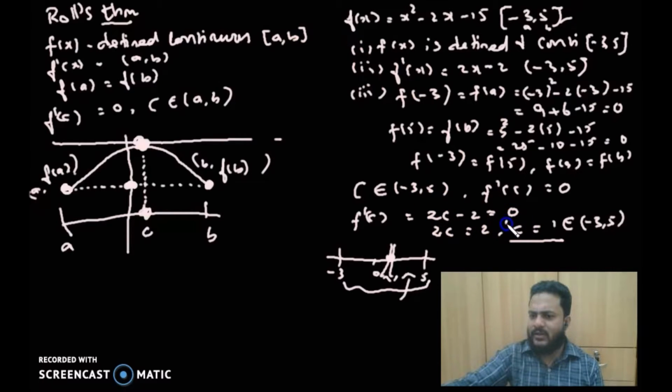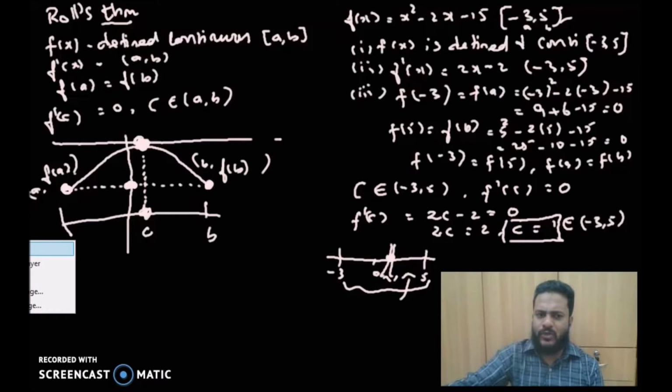We are getting a value c equal to 1, which is between minus 3 comma 5, and at that value f dash of c becomes 0. There are a few functions for which Rolle's theorem cannot be verified.